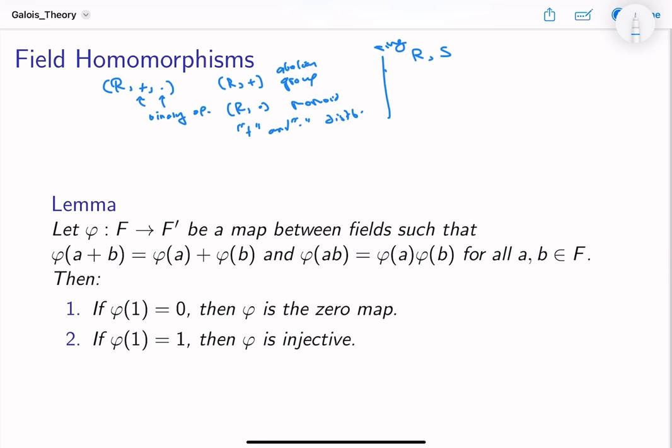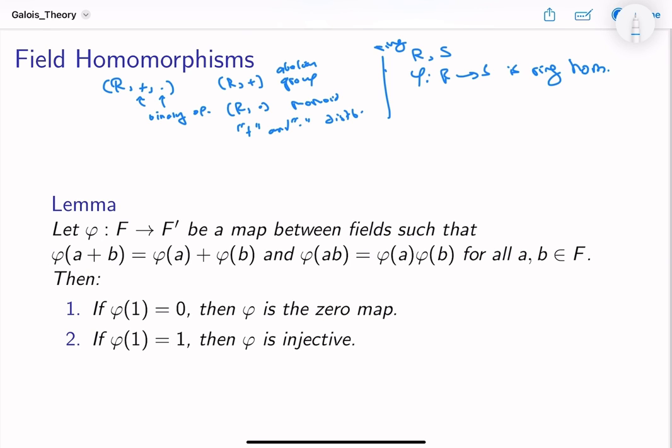So if we have two rings R and S, a map phi from R to S is a ring homomorphism if it preserves the addition, multiplication, and the multiplicative identity.